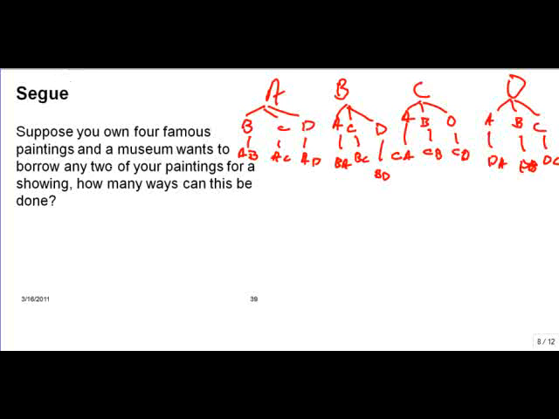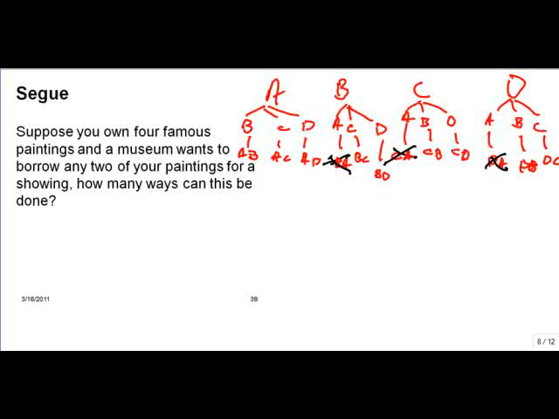But let's also note that since they're just wanting any 2 of these pictures, the arrangement AB is the same as the arrangement BA, because they're just wanting any 2, so I can get rid of this arrangement right here. And AC is the same as CA, so I can get rid of that arrangement. And arrangement AD is the same as DA, so I can get rid of that arrangement.